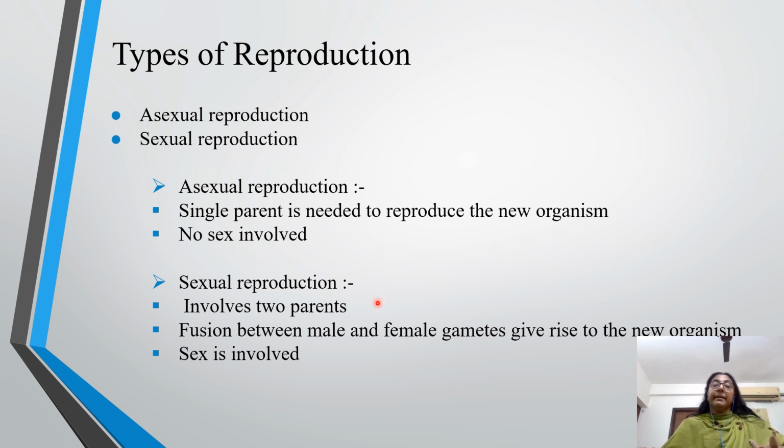The second type is the sexual mode of reproduction, where two parents are involved, and the male gamete from the father and the female gamete from the mother fuse to form a new organism. Here sexual activity is involved.